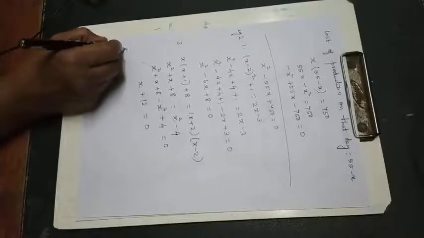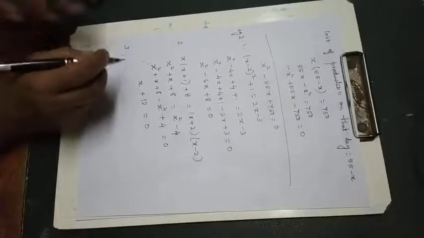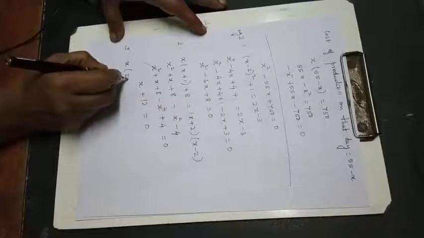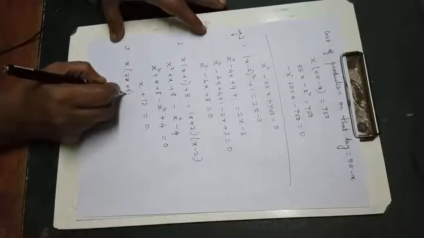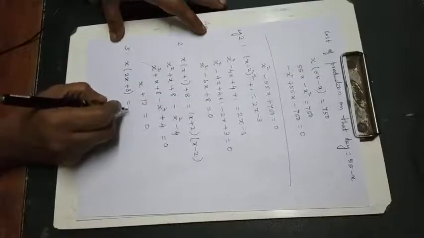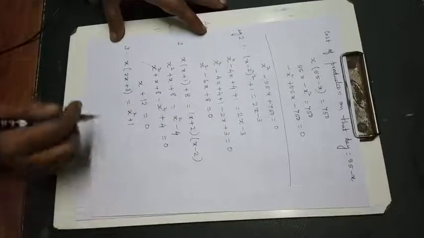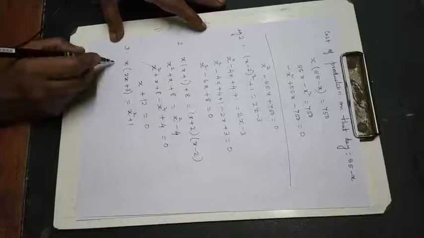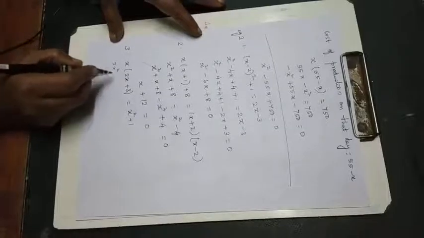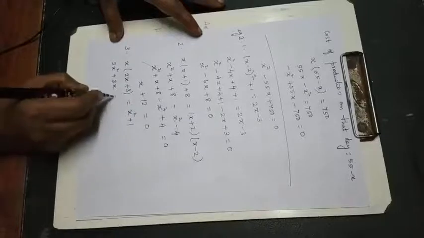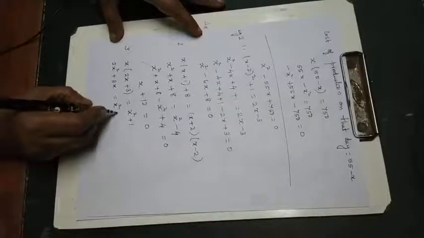Now third one, x into 2x plus 3 plus x square plus 1. So open the bracket here, 2x square plus 3x is equal to x square plus 1.